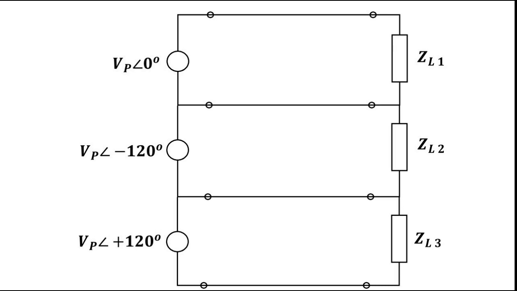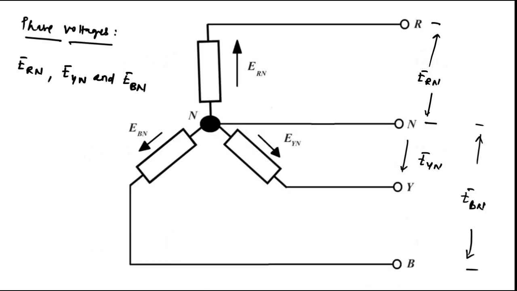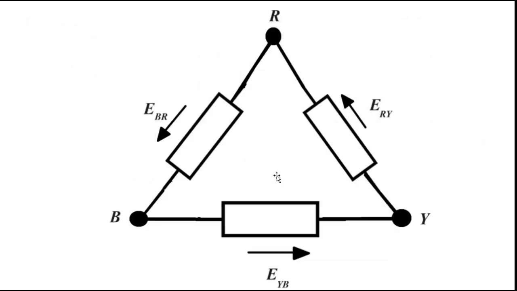This neutral wire is absent in the delta system; in the star system it is present. So it can be either a 3-phase 4-wire system, considering the star connection, or a 3-phase 3-wire system if we consider the delta connection.